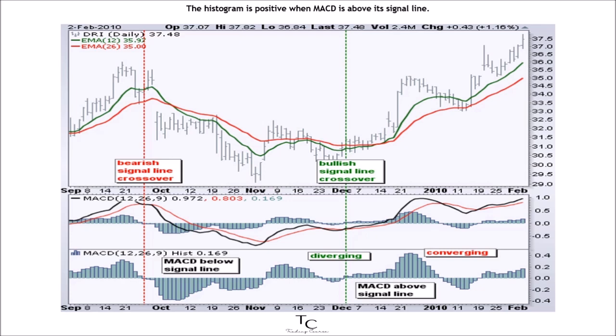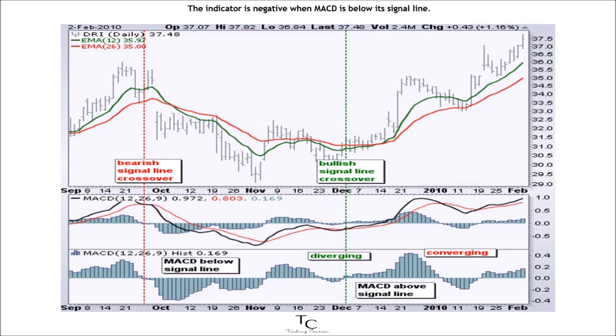The histogram is positive when MACD is above its signal line. Positive values increase as MACD diverges further from its signal line, to the upside, and decrease as MACD and its signal line converge. The MACD histogram crosses the zero line as MACD crosses below its signal line.